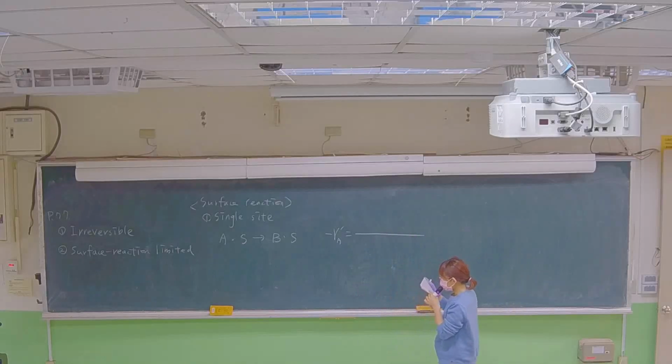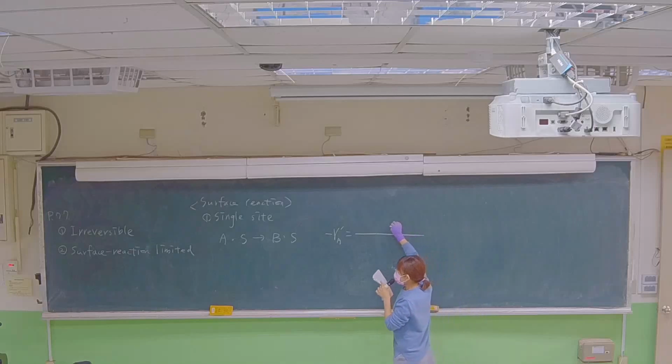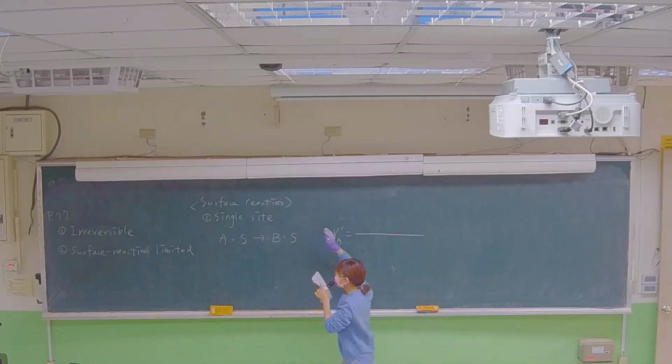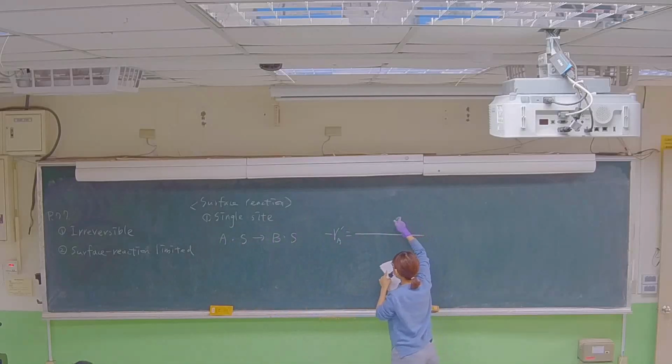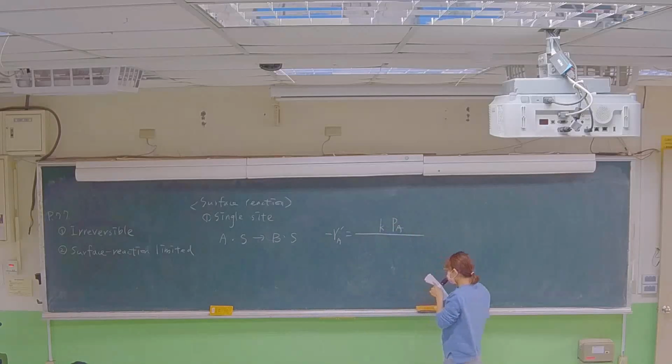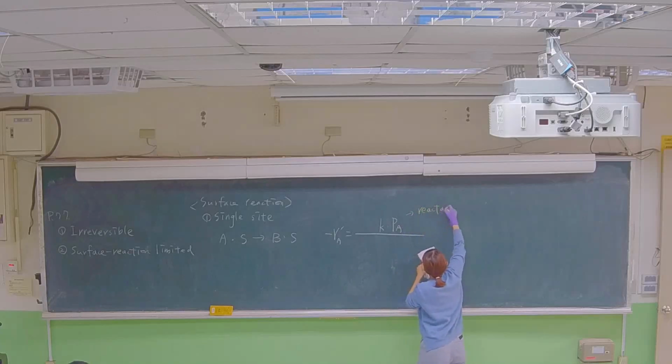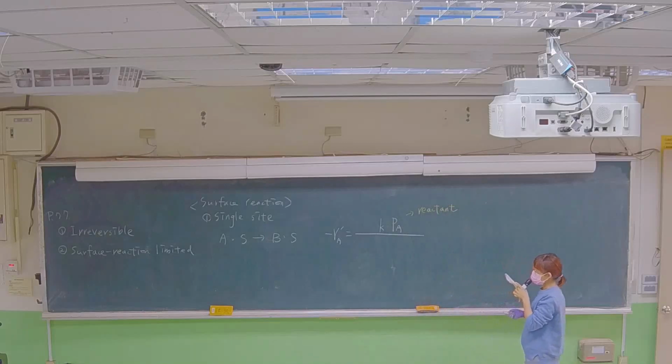First, for here, it is irreversible, right? It is irreversible. So here you only see the reactant. So this part, that is the reactant. You can observe your previous process and you will know the conclusion is the same.